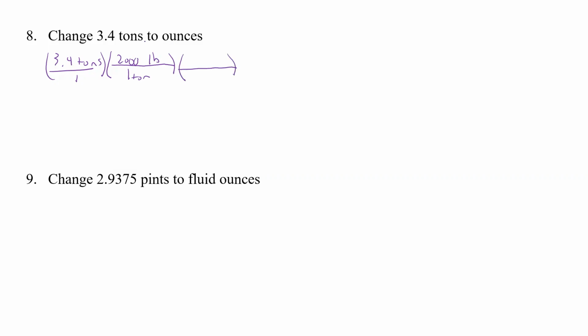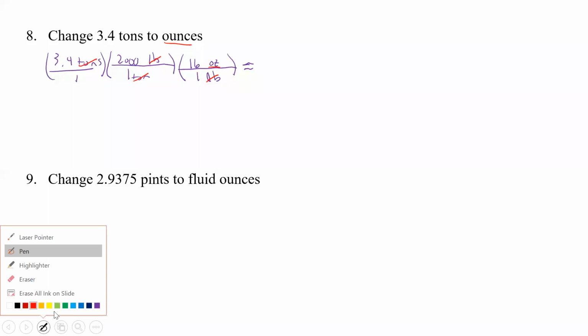Now we can use our conversion from pounds to ounces we just learned. One, if we put an LB like that, is 16 ounces. Then we're going to say, okay, well, does that cancel everything we need? Well, our tons cancel the tons, the pounds cancel the pounds. We're left with ounces, so that looks good.